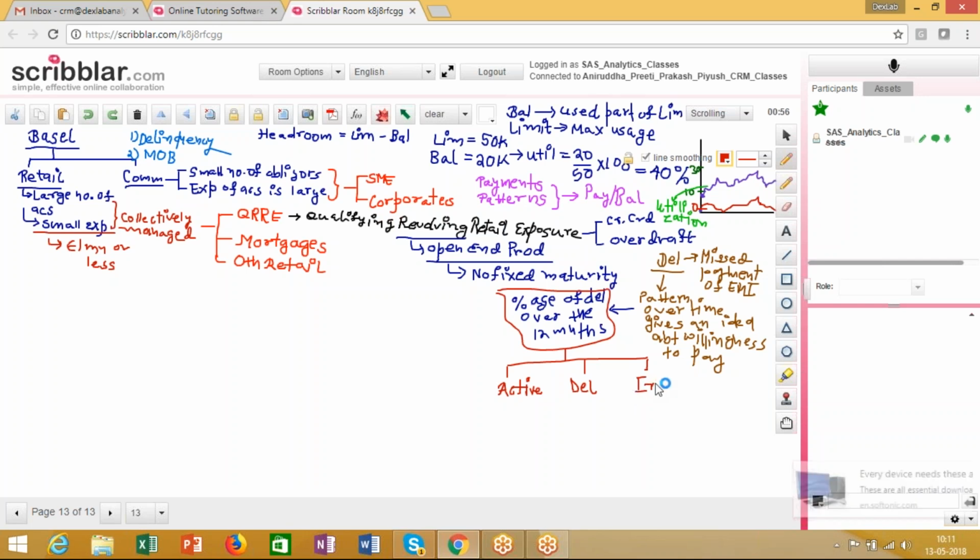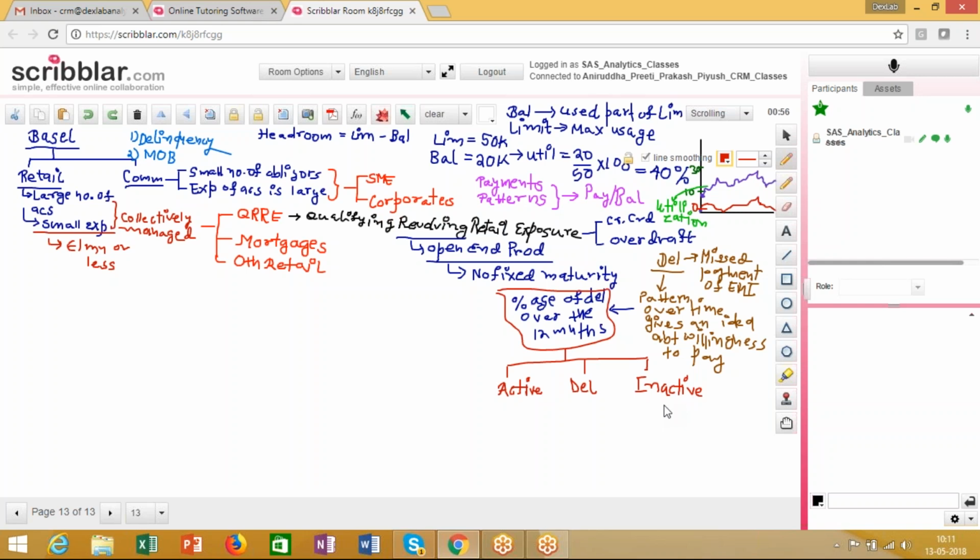It is generally seen that accounts which are delinquent as of a given snapshot tend to default relatively more over the next 12 months compared to active accounts which are non-delinquent. So this is a segmentation exercise which generally happens when we are developing our own models, where the entire population is divided based on riskiness: active borrowers, delinquent borrowers, and inactive borrowers.